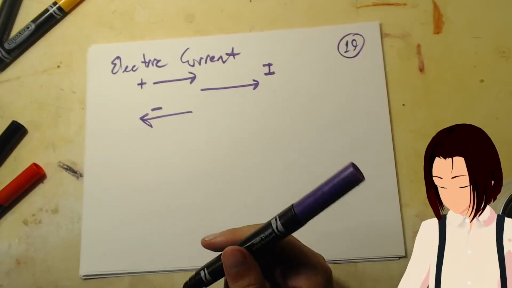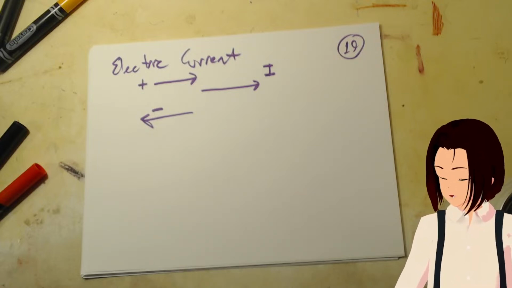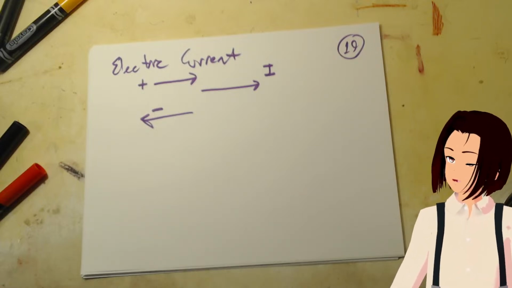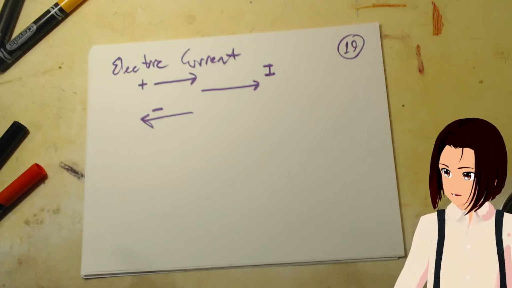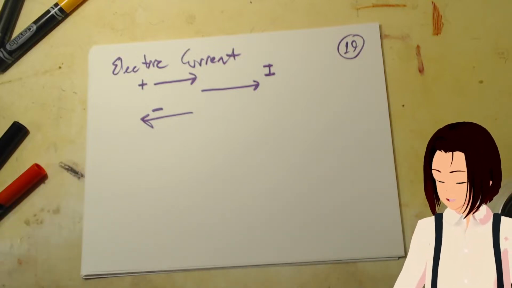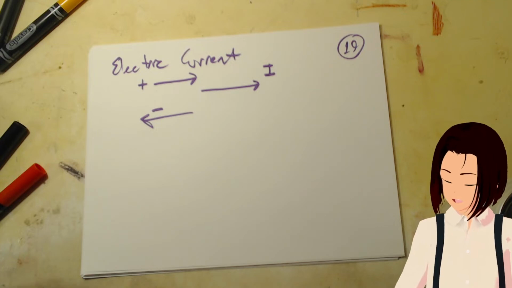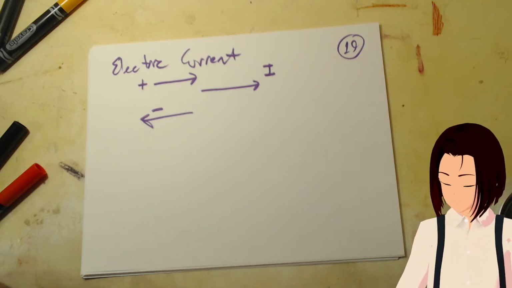So now we have the concept of current. Well, I mean the idea of it. But how is that useful? We have the heart and soul of circuits, but we don't have the body.